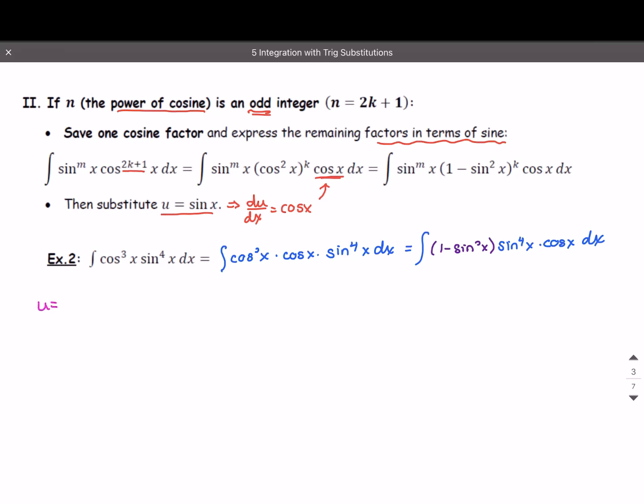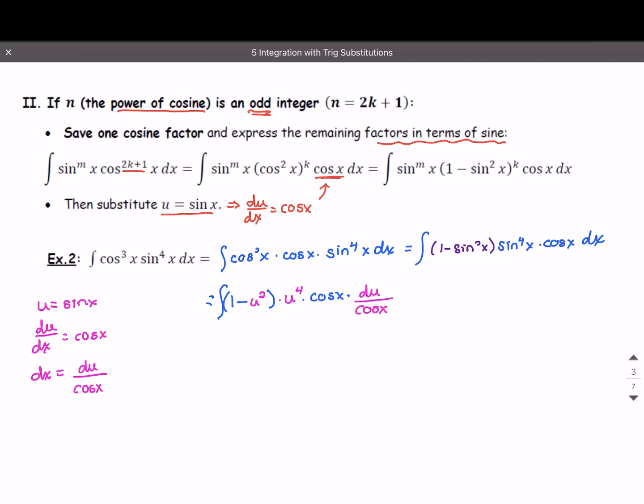And now we let u be our sine x, which means du dx is cosine x, and dx is du over cosine x. So if we make our substitutions now, we have the integral of 1 minus u squared times u to the 4th times cosine x times our dx is du over cosine x.